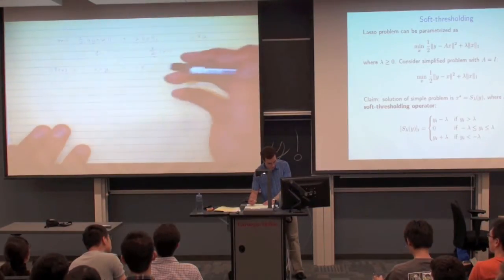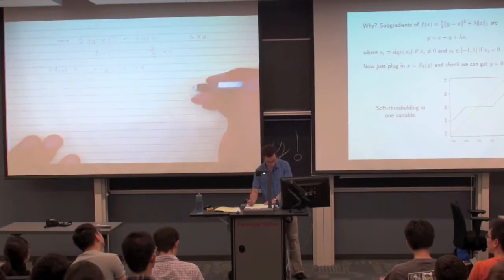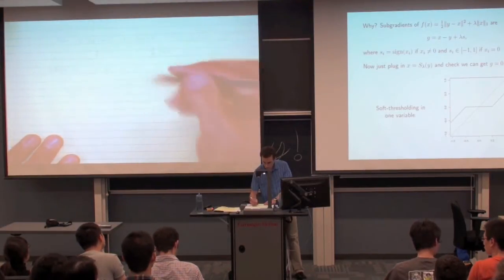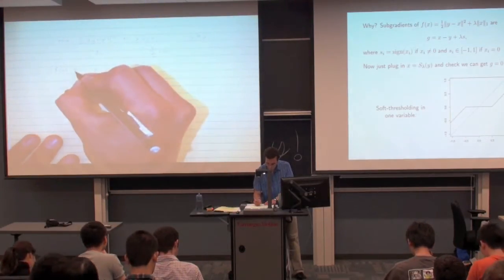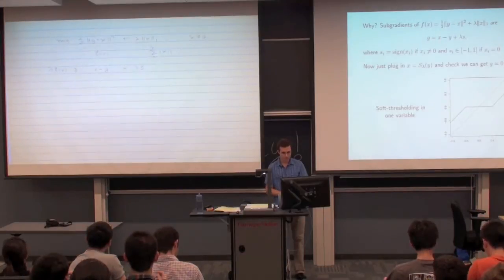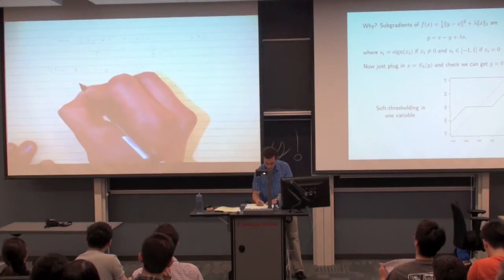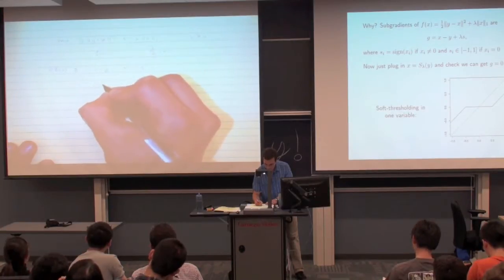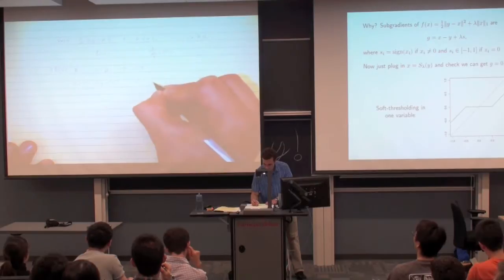I called it S in the slide. So everything of this form is a subgradient of f, where S has to satisfy the following criteria. It's equal to the sign of xi in its ith component, if xi is non-zero.